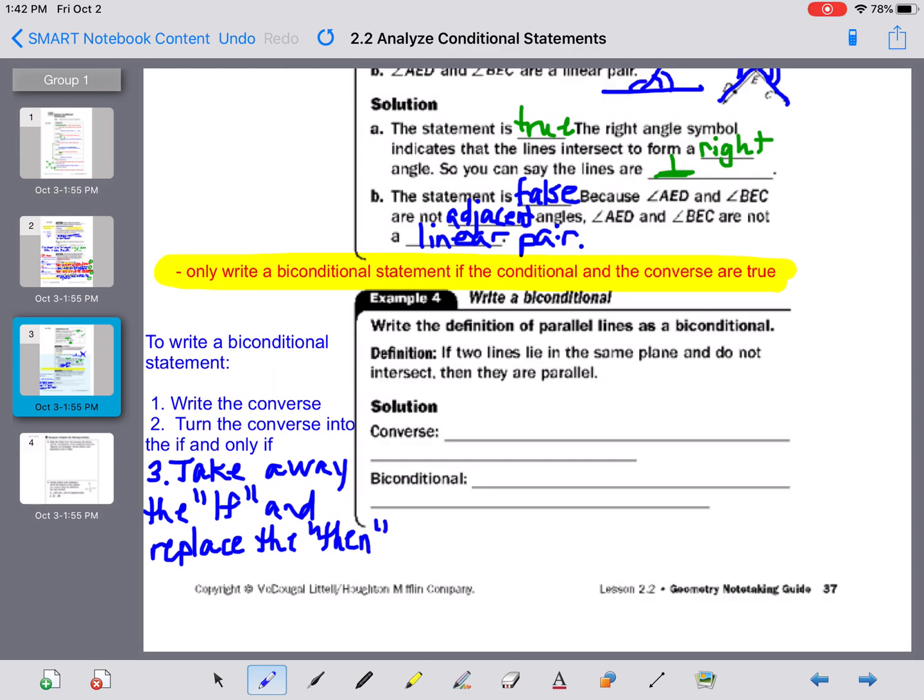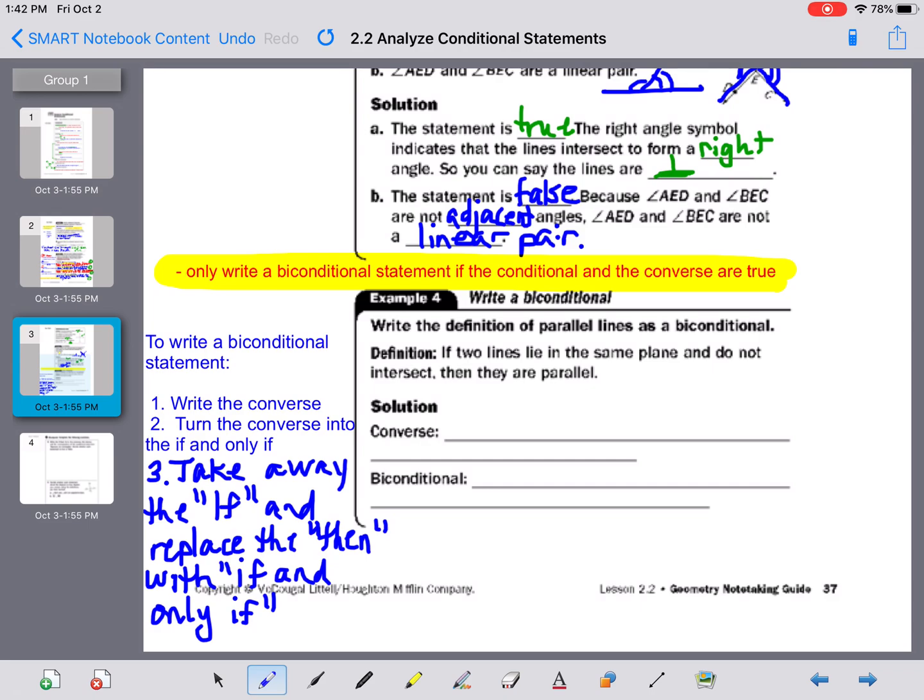Okay, so my then part, that's what we're going to replace with if and only if. So we're taking away the if, and we're going to replace the then with if and only if.